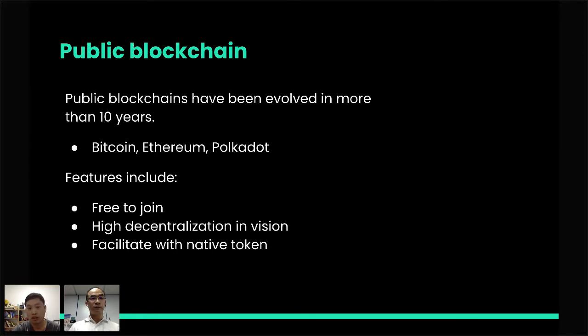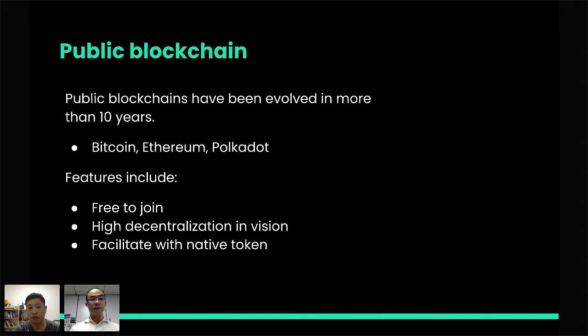Or if you are using Polkadot, you can run your own validator to secure the network. You are free to join as a miner or validator. Also, you don't need to always run a validator. You can also run a normal node, which can simply propagate the transactions and query the state of the blockchain.